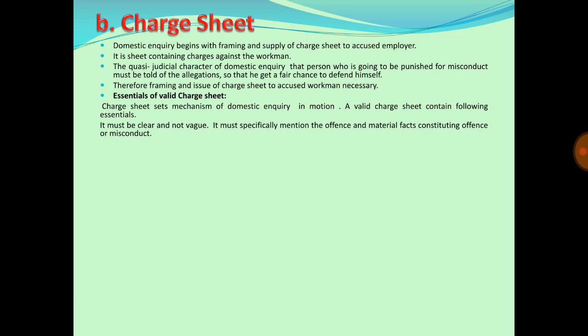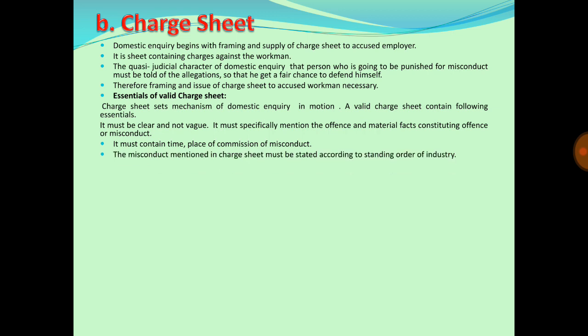Charges should be clearly spelled out, and should not be mentioned in vague language. So it must specifically mention what the offense is, and what the material facts are which constitute misconduct. Then it must contain the time and place of commission of misconduct. The charge should specifically mention at what time and at what place the misconduct was committed.